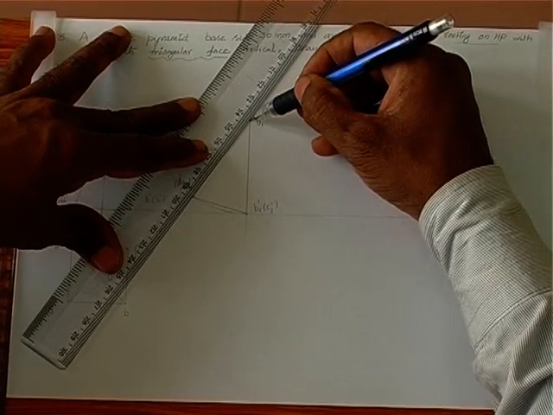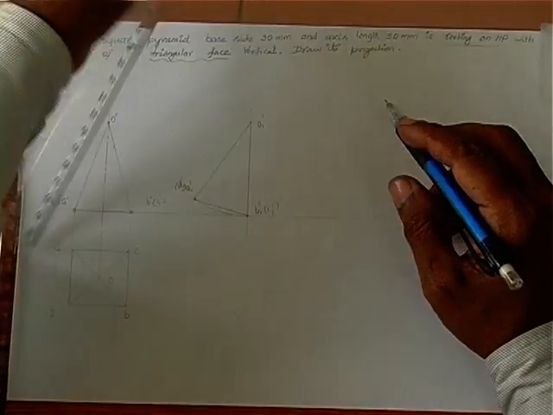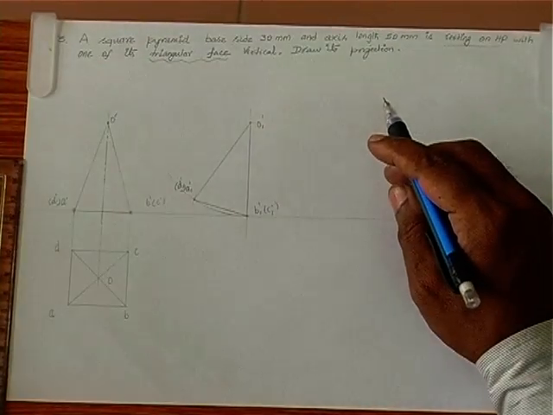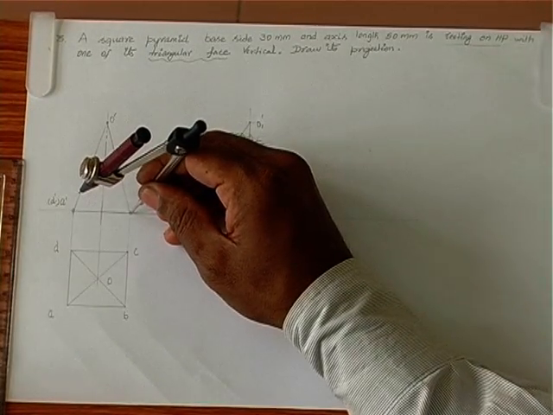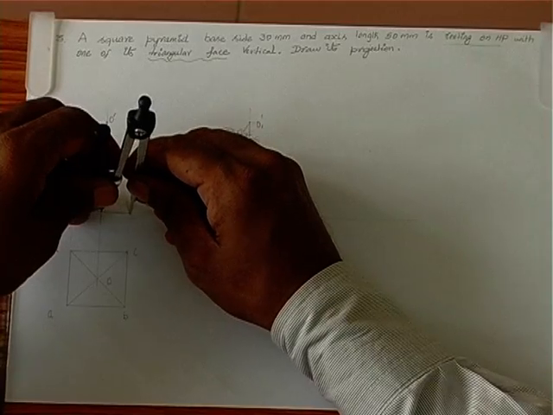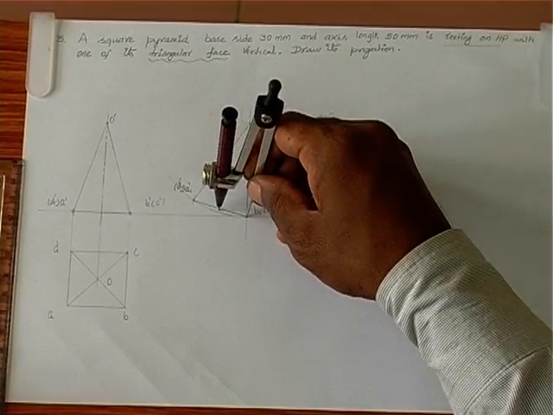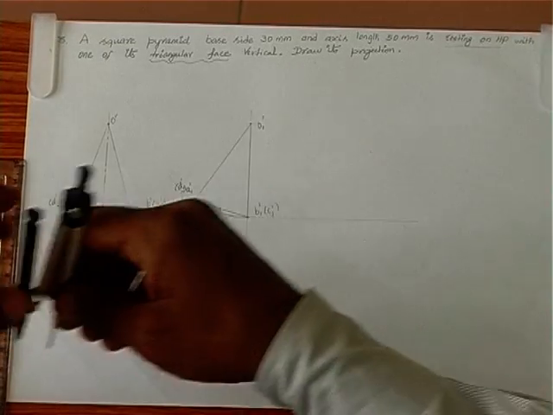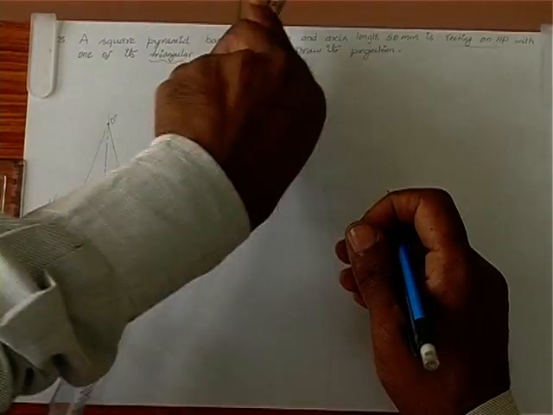If a plane is perpendicular, then the projection should be strictly a line. Here also OBC is now just a line only. So therefore we can say the triangle OBC is perpendicular, or in other words it is vertical.